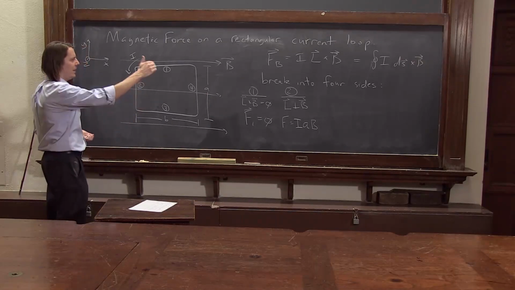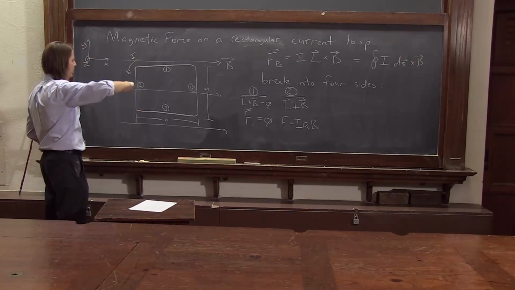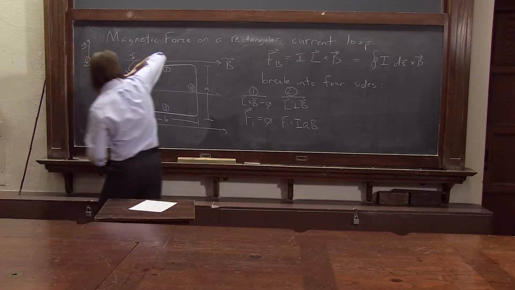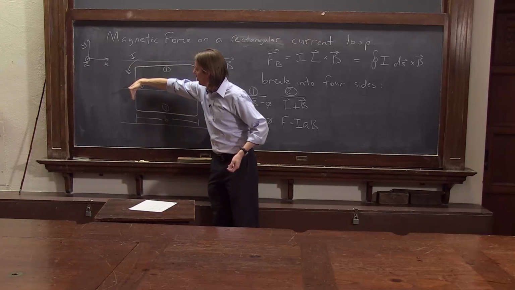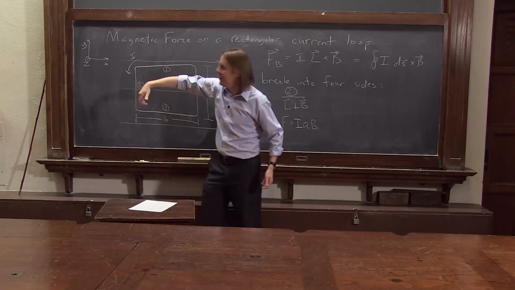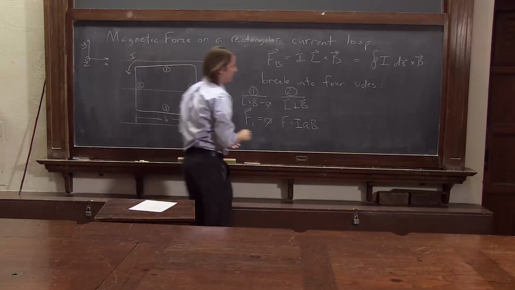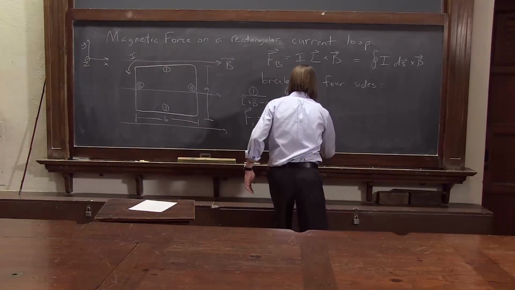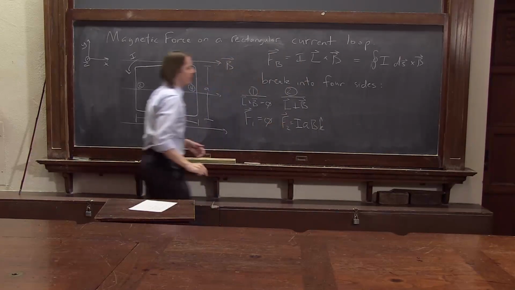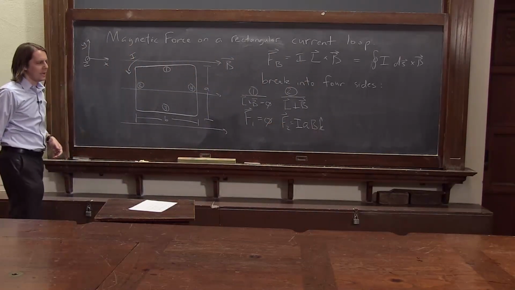So if we had L cross B, or all the ds's cross B, I didn't practice this one ahead of time. Let's see, it'd be down along there, curled towards B, it would be out. Right? So it'd be positive z direction. So it's in the k hat direction. All right? So there is F2, IAB in the k hat direction.